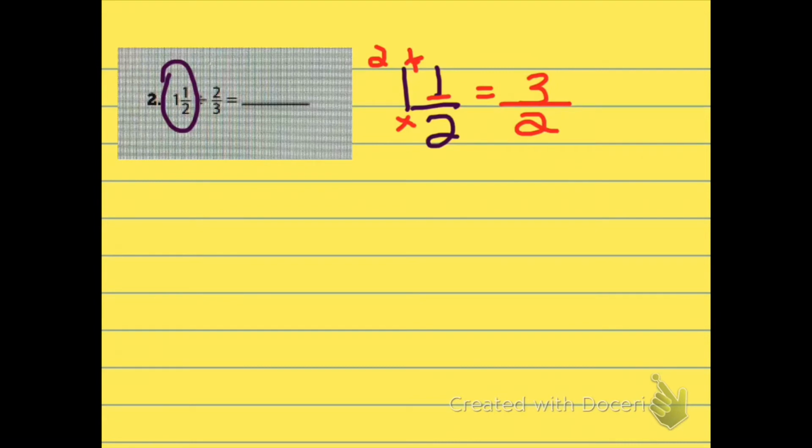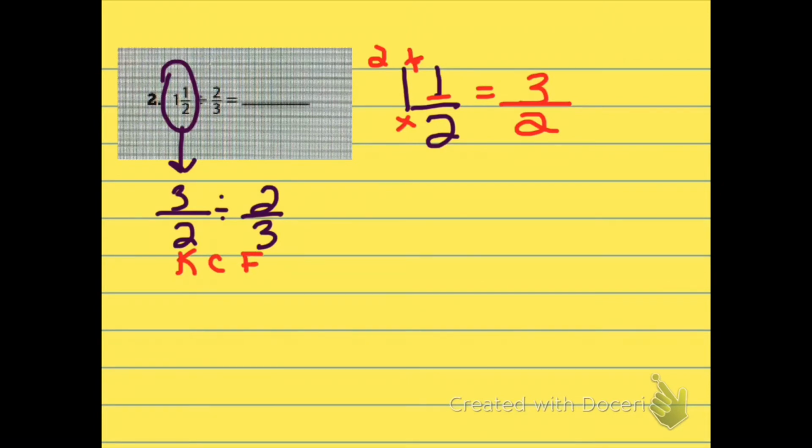Okay, so what that means is we're basically going to replace 1 1/2 with 3/2 divided by 2/3. Now we can go in and apply our strategy of keep, change, flip.